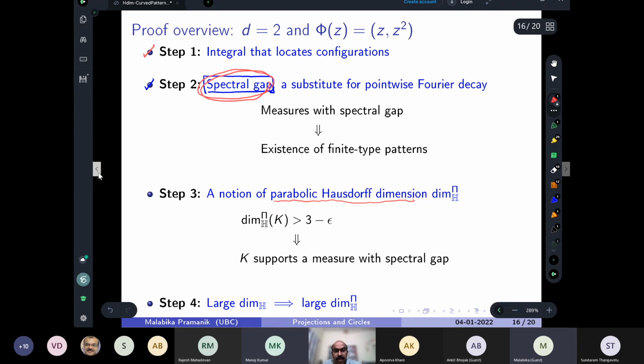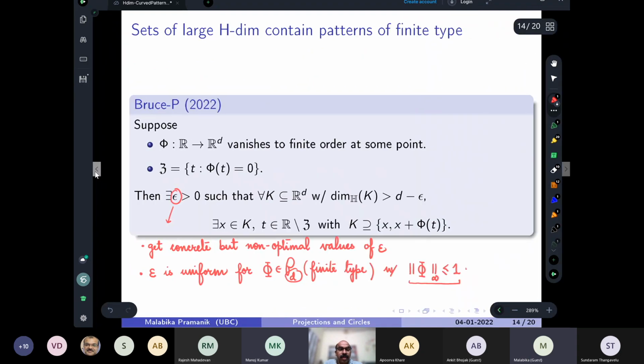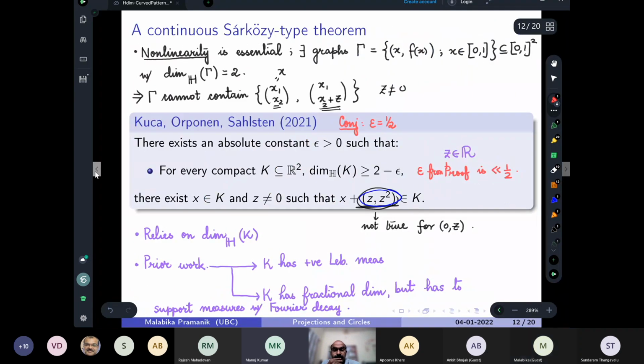Yes. So you see this, where did I say this? Hang on. Here. So remember here I talked about prior work where either K had positive Lebesgue measure, and this was like the work of Bourgain on the nonlinear Roth theorem, and let's say other people like Guo, Durchik, and Roos.